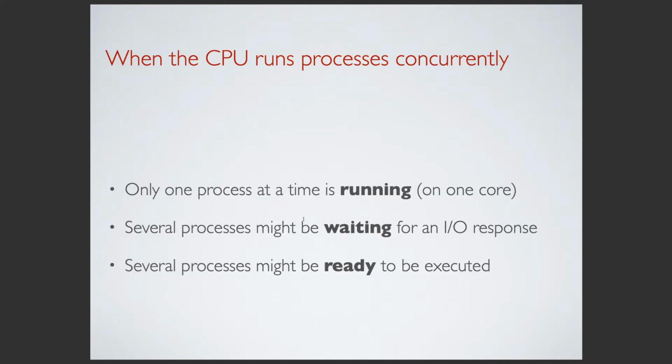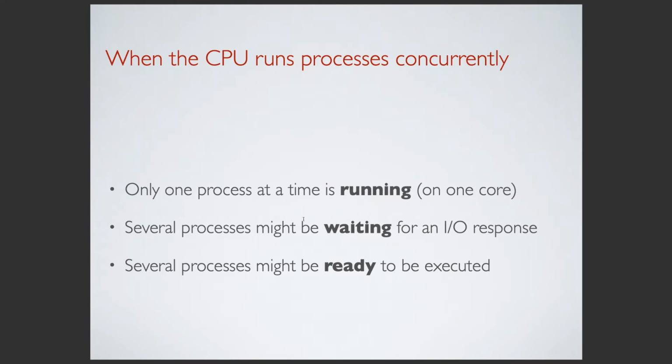Again, assuming we have only one CPU core, only one process at a time is running. So in terms of state, only one process is going to have the state running. But there can be several processes waiting for an I/O, and actually several processes waiting for the same I/O. For example, they wait for the disk.